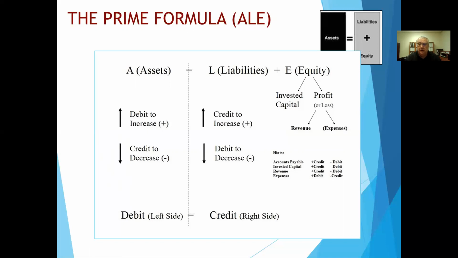Now at this stage, I just want to introduce to you what I call the first mantra. And the first mantra is just something you have to remember when you're doing bookkeeping or accounting. And we're going to just accept the mantra: expenses are always debits. Just say that to yourself. Expenses are always debits.